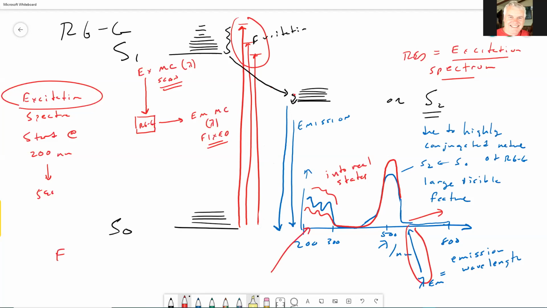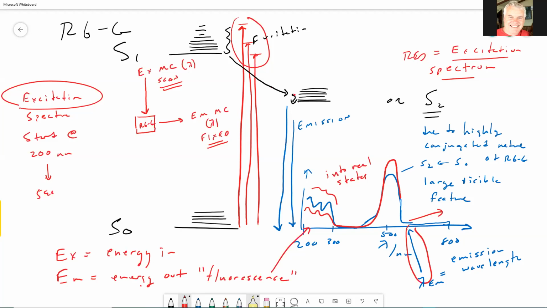So EX is energy in, and EM is energy out. And this is referred to also as fluorescence or luminescence or possibly even phosphorescence.